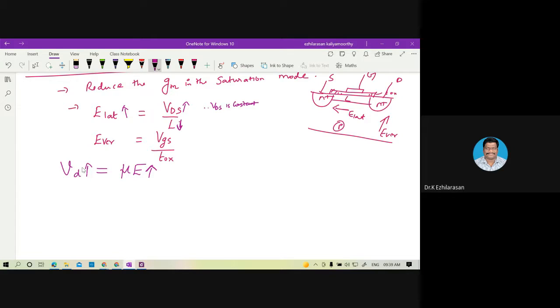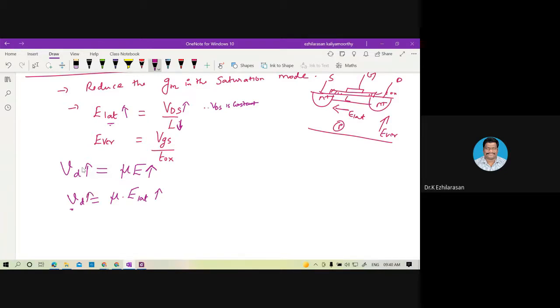With respect to the lateral field also, VD is equal to mu into E. So we have to talk about the E lateral. When this lateral electric field increases, as L is reduced, the electric field will increase. If the electric field increases, then automatically the drift velocity will also increase.